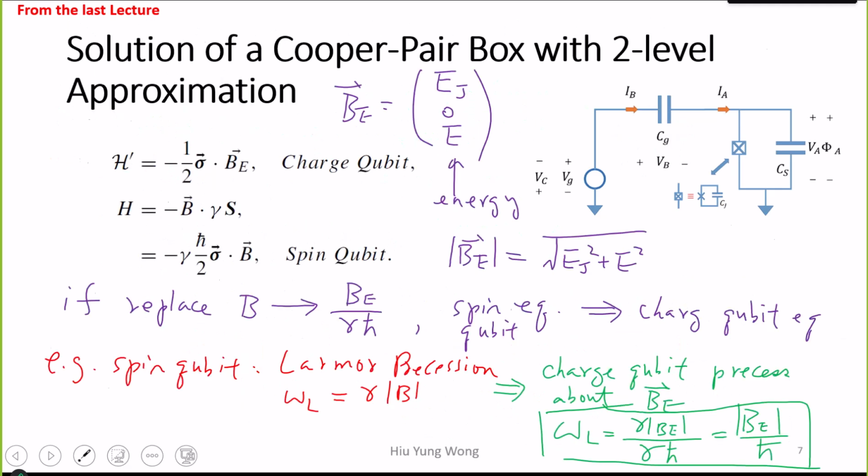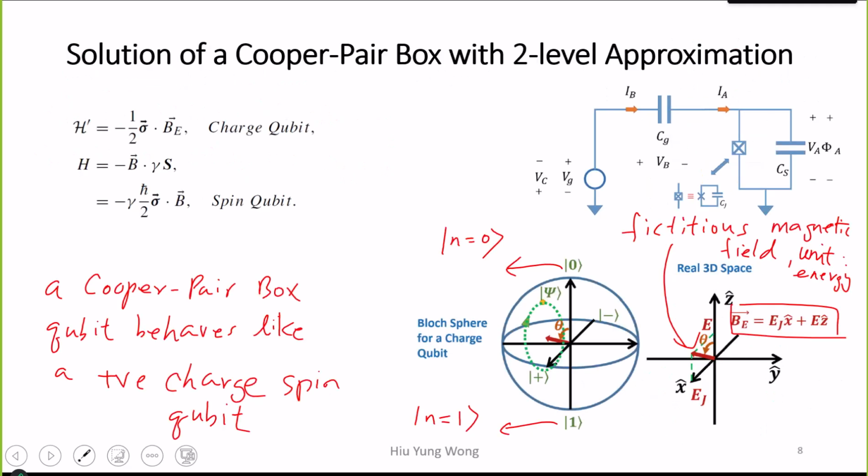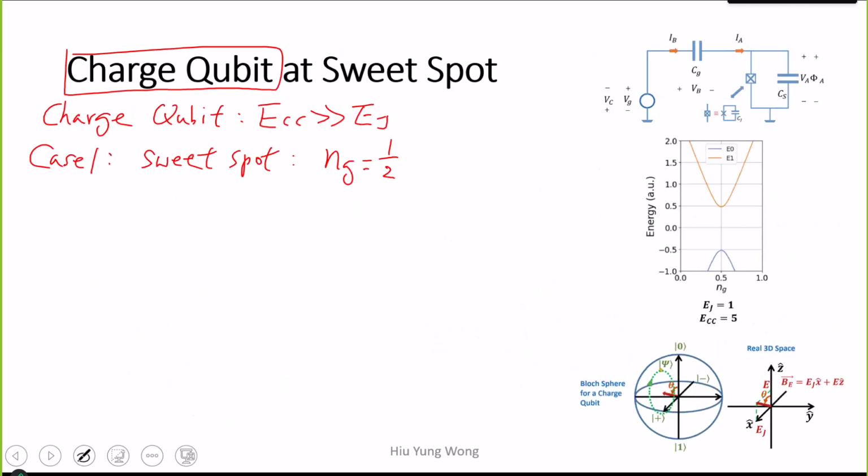So if you remember, I hope that I have the right equation. Ng is the offset charge. Right?